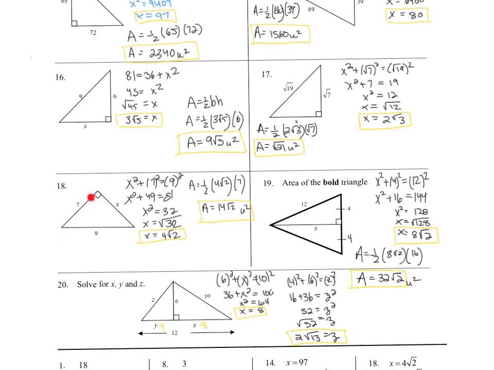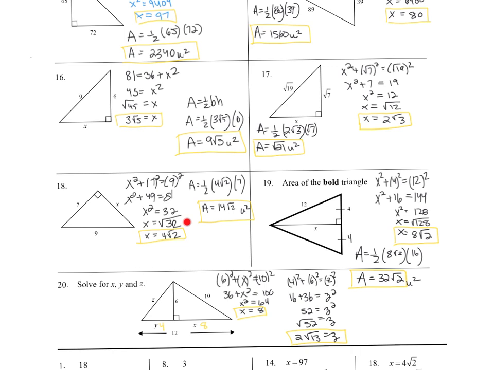Number 18, we're given a leg and the hypotenuse, and we're looking for the other leg. So we're going to have x squared plus 7 squared is equal to 9 squared, and we square, and then we're going to subtract 49 from both sides. We get x squared equals 32.